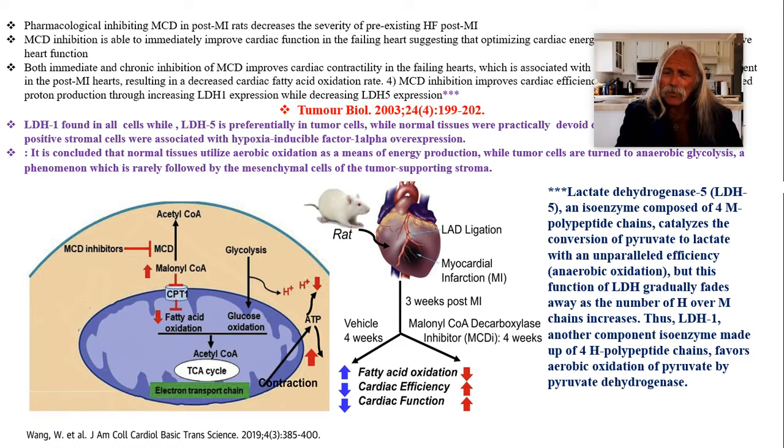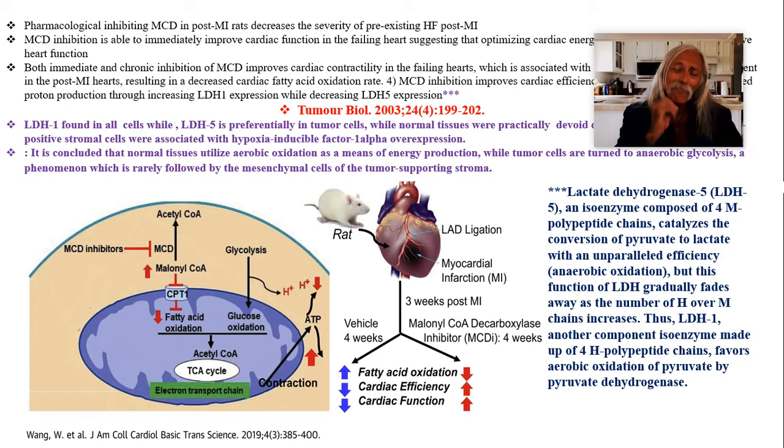But this function of LDH gradually fades away as the number of the H monomeric subunits over the M chains increases. Thus, LDH1, another component isoenzyme made up of 4 H polypeptide chains, favors an aerobic oxidation of pyruvate via what? Pyruvate dehydrogenase. Of course, that's the enzyme that leads into the TCA cycle.